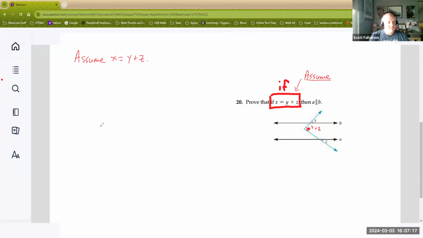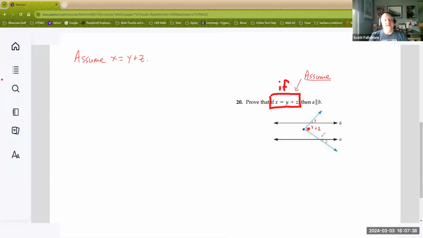Now here comes the fun. What we're going to do is draw a line that goes through this point right here. And I can't say that I want it to be parallel to both lines. I can't do that.